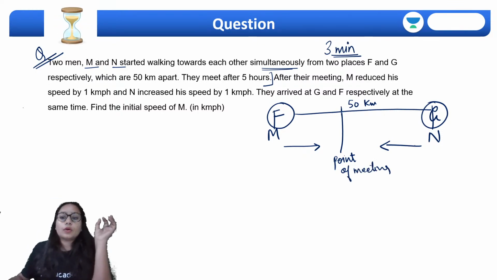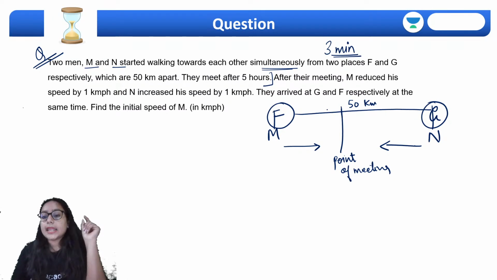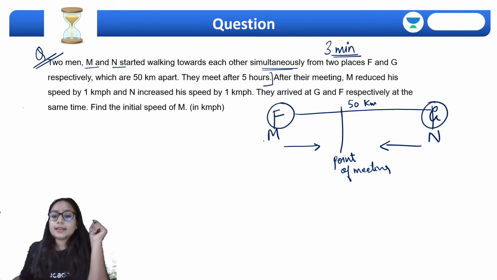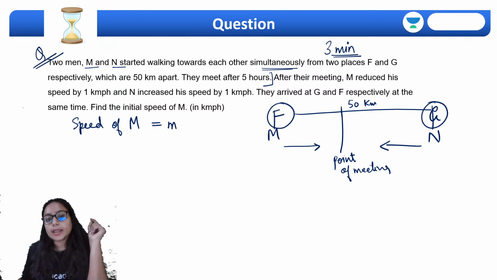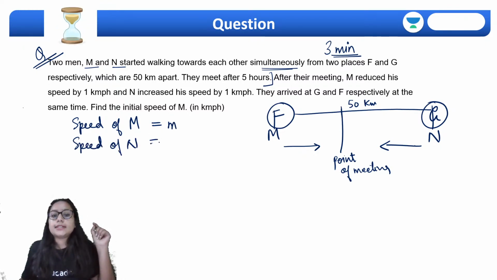They are meeting after 5 hours. Tell me how much distance is covered by M and N in 5 hours. Let us take the speed of person M as M and the speed of person N as N.